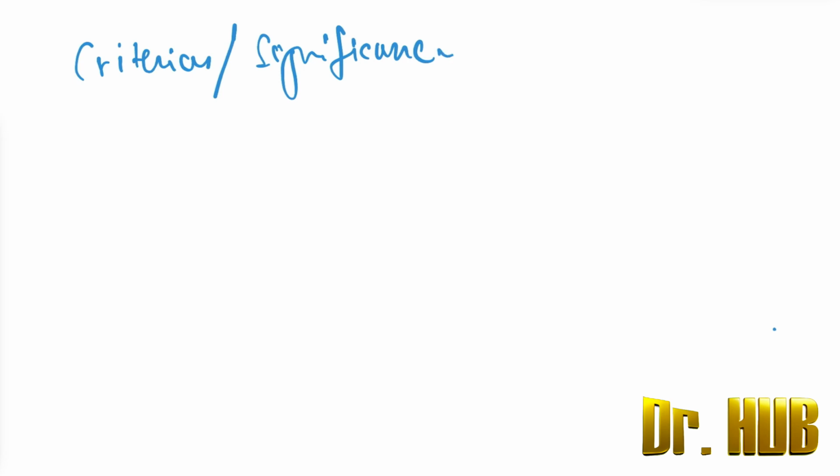This is known as the criterion, or the significance level, or the alpha level.